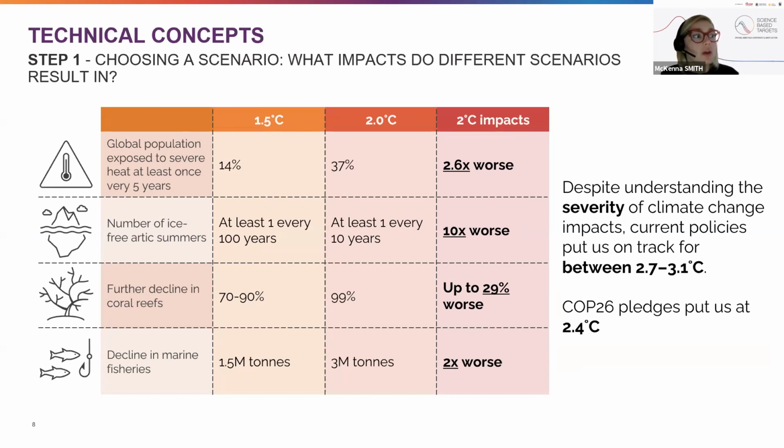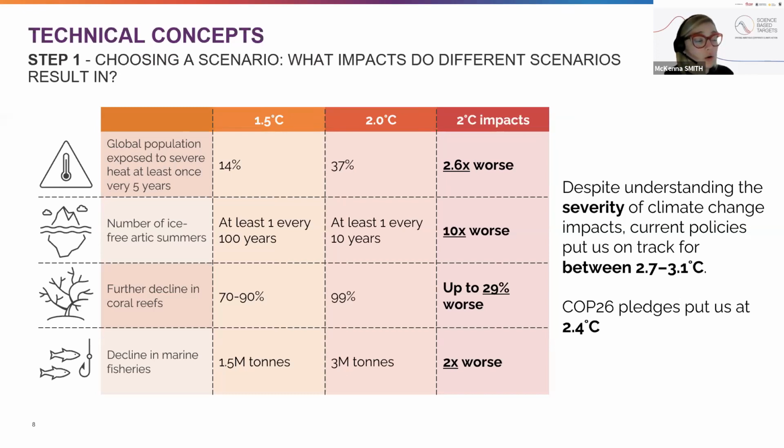For example, the global population exposed to severe heat at least once every 5 years is 2.6 times worse with 2C impacts, and there's only a much lower and less considerable impact for a 1.5C pathway. Again, the number of ice-free Arctic summers is 10 times worse with a 2C pathway. But again, we're still getting impacts with a 1.5C pathway of at least 1 every 100 years.